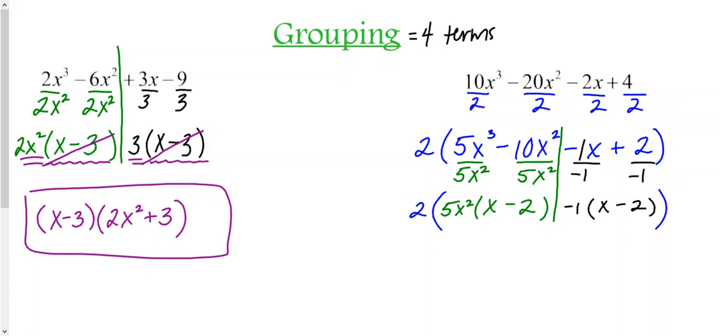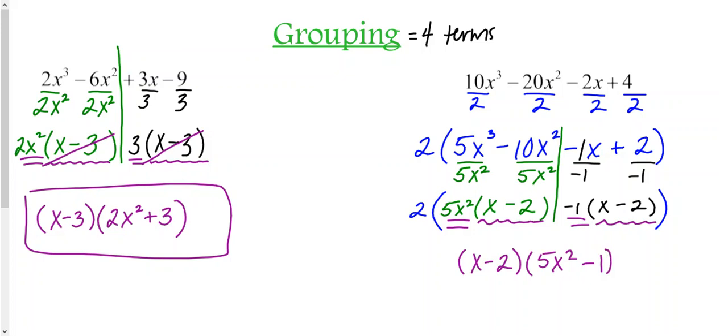All right, final step. Between the green and the black, what's in common? We have x minus 2 in common. So we're going to pull that out front. So we have x minus 2, and then the GCFs create the second parentheses. So 5x squared minus 1.